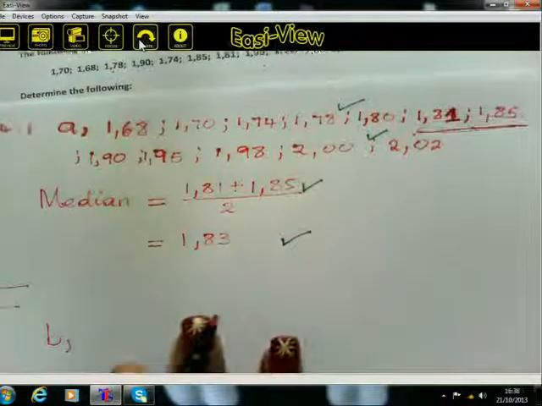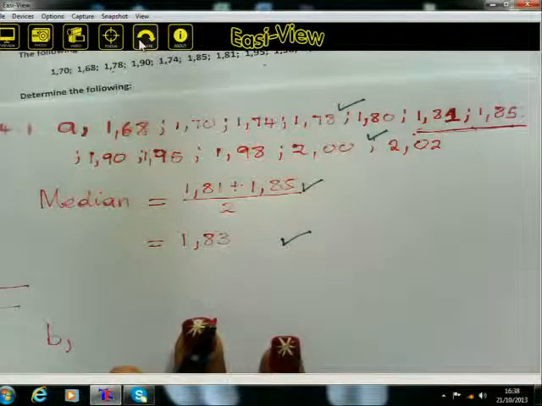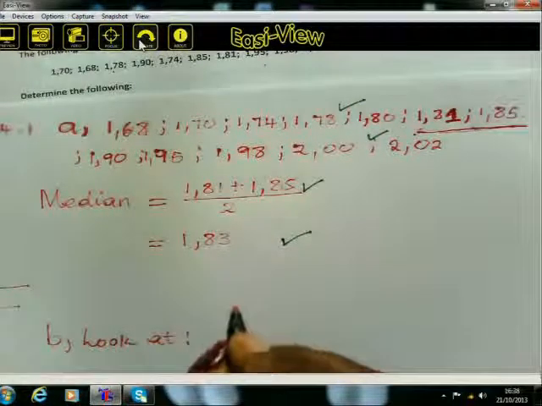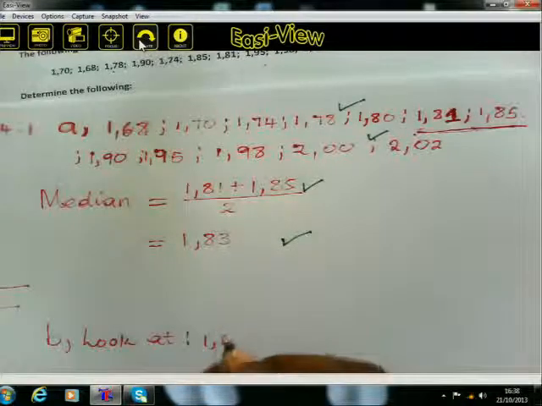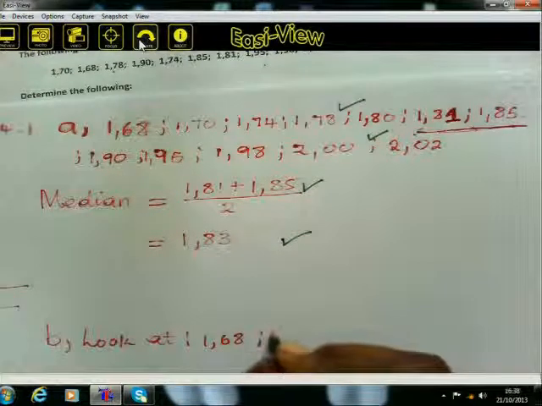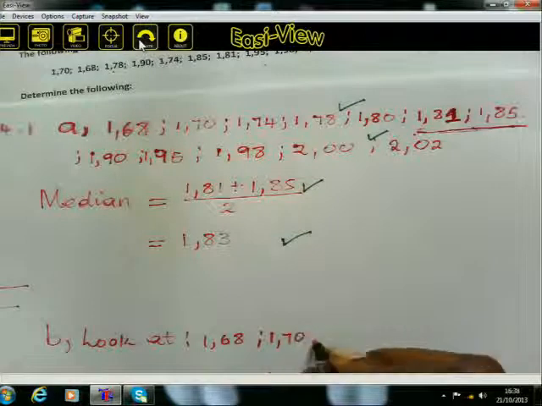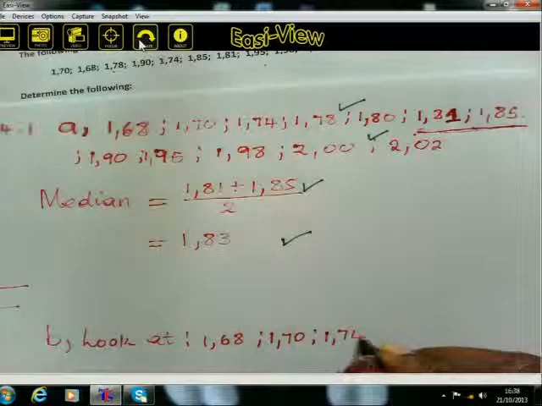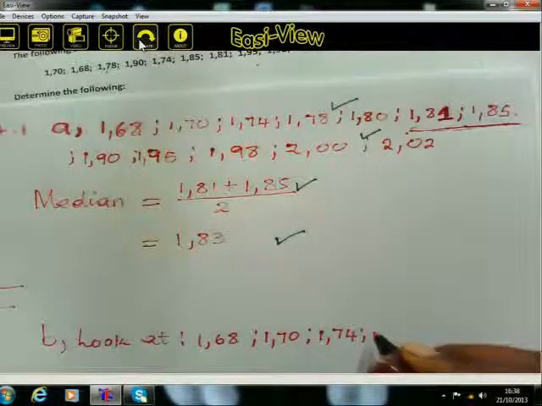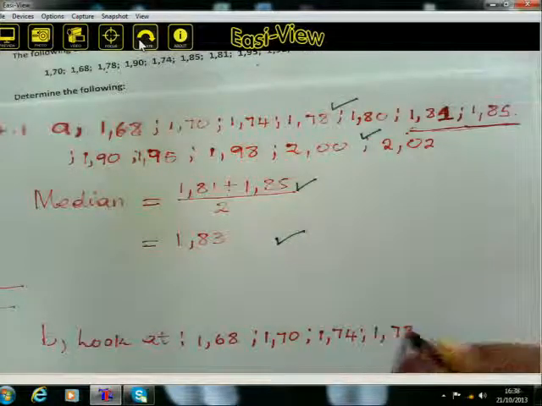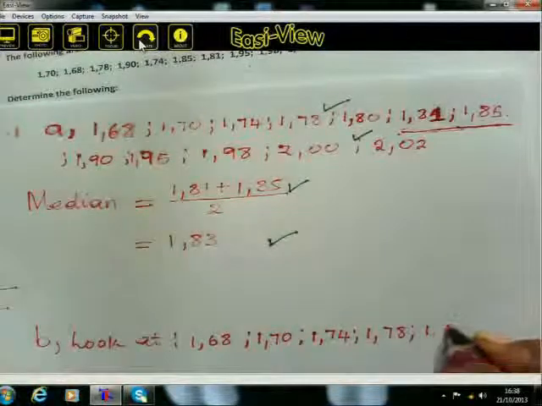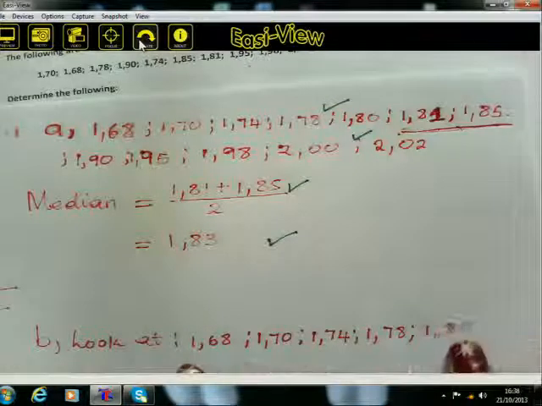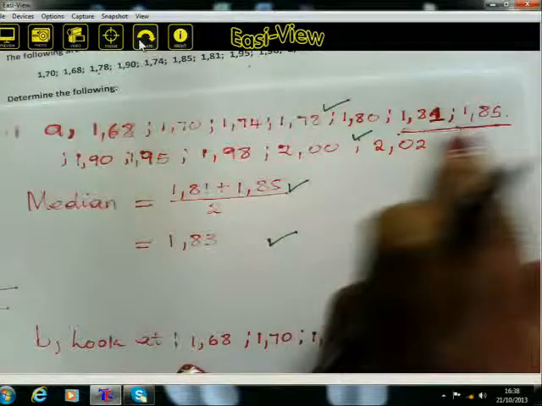So let us write those down. 1,68 semicolon 1,70 semicolon 1,74 semicolon 1,78 semicolon 1,80. So these are the numbers that appear before middle 2, as you can see.